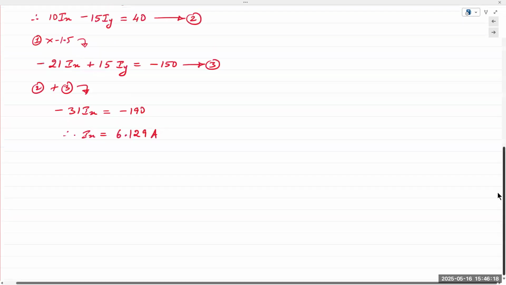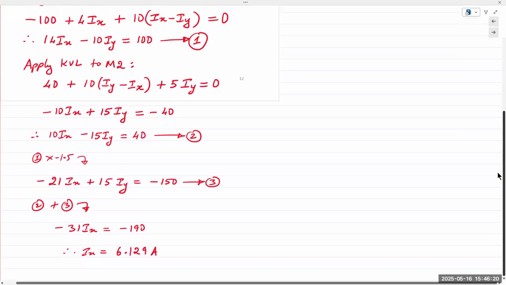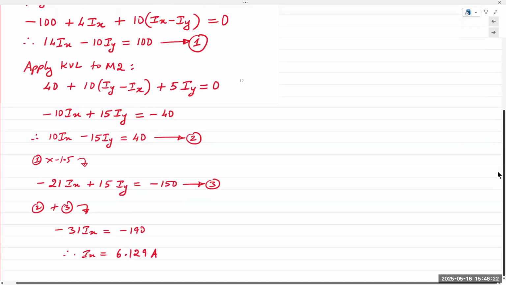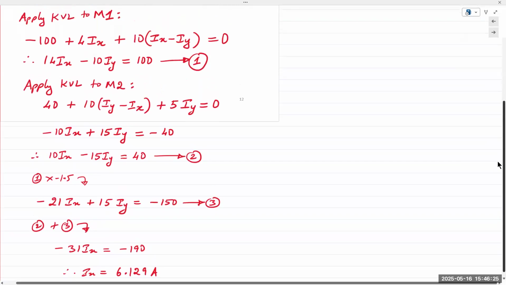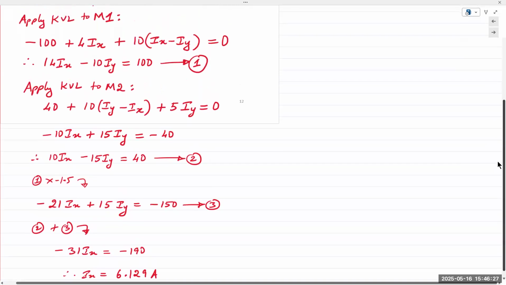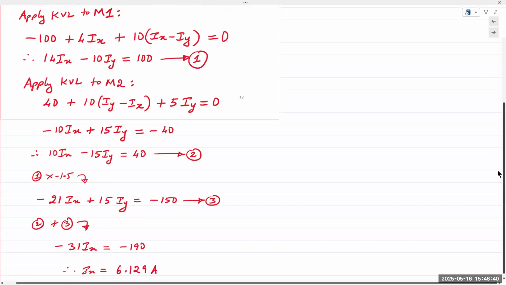I went wrong somewhere. I got minus 10x plus 15IY, minus 40 times 1.5. So it's 14, 21 minus 1.5. So 15IY. 100 times 15 minus 150.